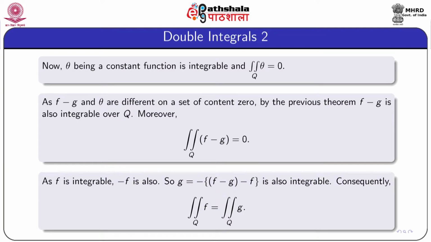As f − g and θ are different on a set of content 0, by the previous theorem f − g is also integrable over Q. Moreover, the integral of f − g over Q is 0. Now, f is integrable, so −f is also. So g = −((f − g) − f) is also integrable. Consequently, the integral of f over Q equals the integral of g over Q.